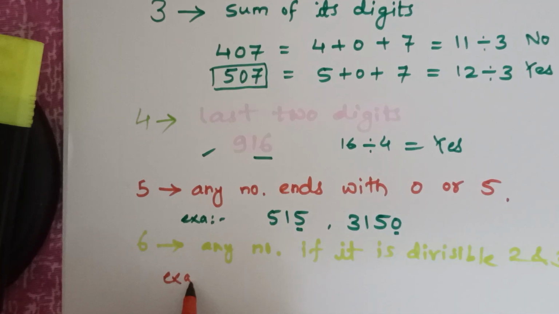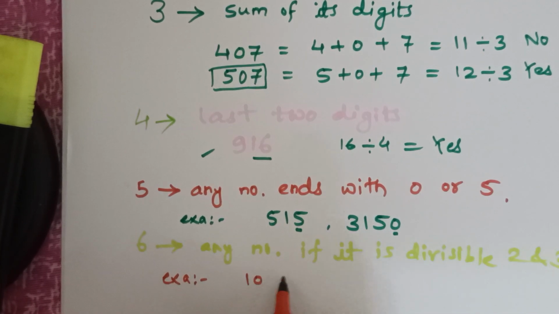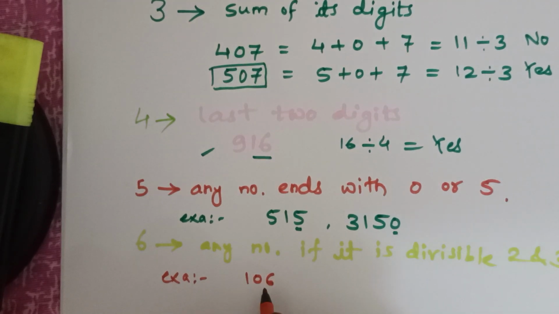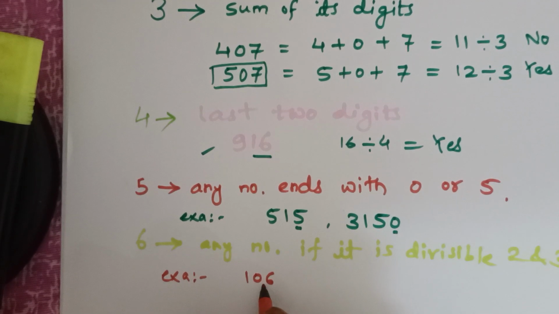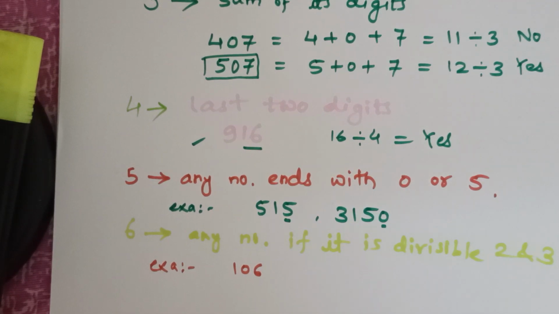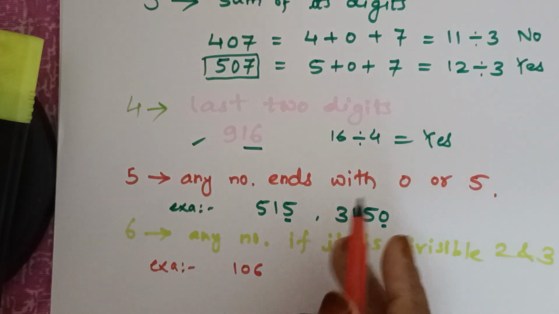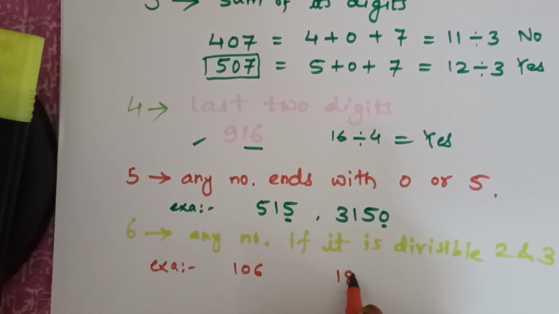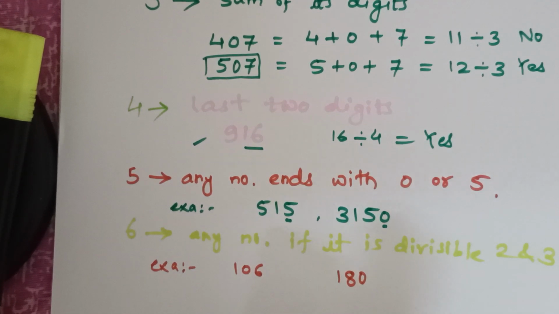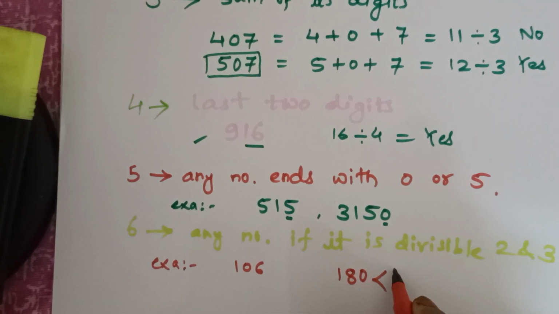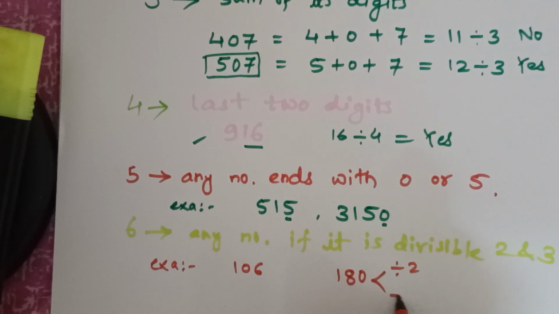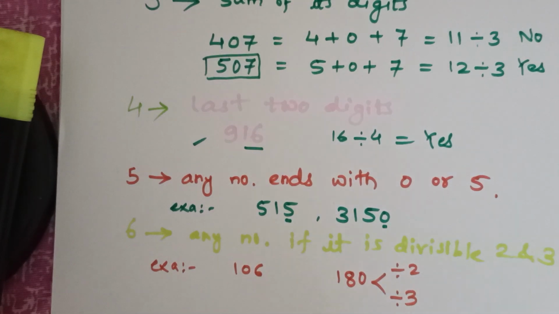For example, if I take the number 106, it is divisible by 2, but at the same time 6 plus 0 plus 1 is 7, which is not divisible by 3. So this number cannot be divisible by 6. Another number, 180: this number is divisible by 2 and also divisible by 3, and hence it will be divisible by 6 also.